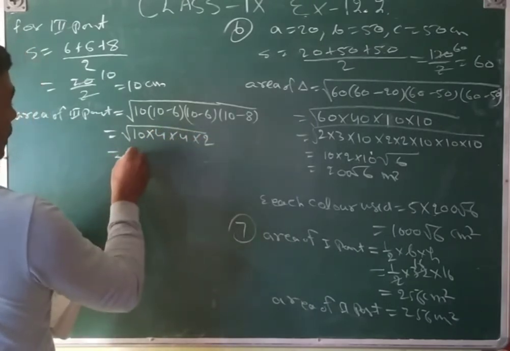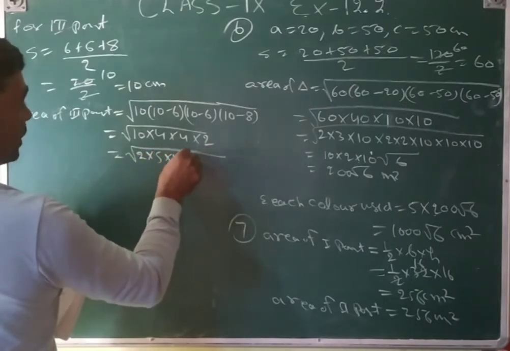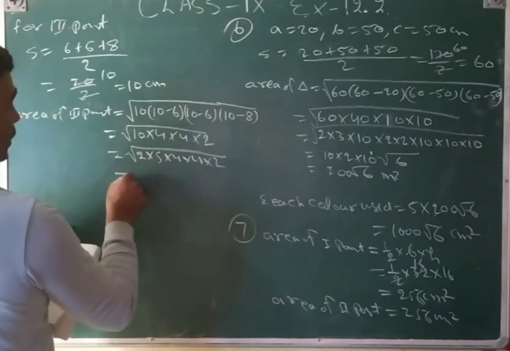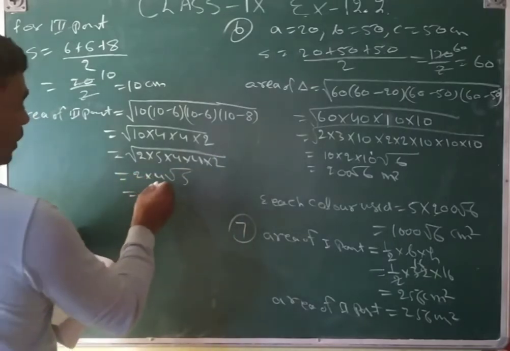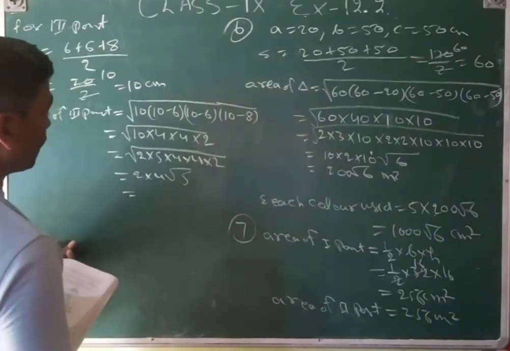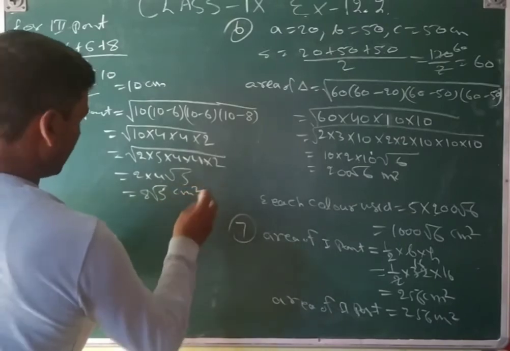So that will be 2 into 5, and then 4 will be the same, because the pair is already there. So 2 into 4 under root 5, that is 8 under root 5 centimeter square.